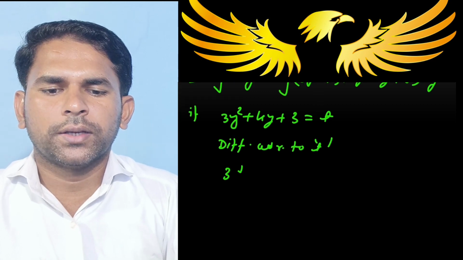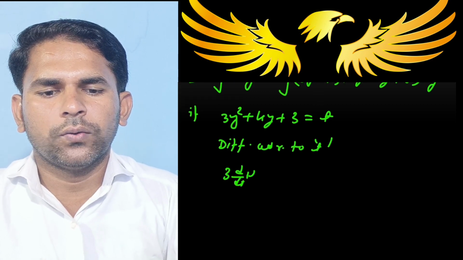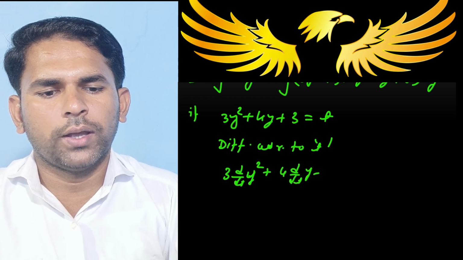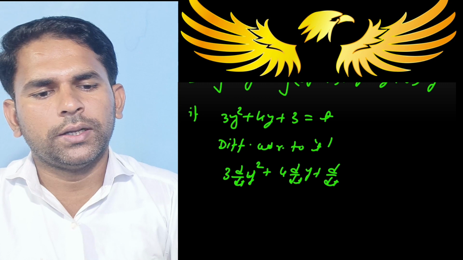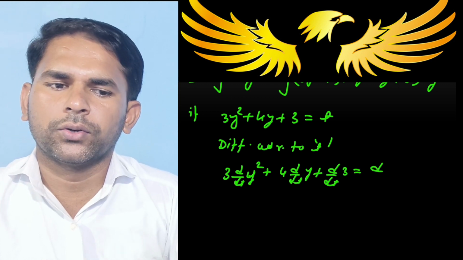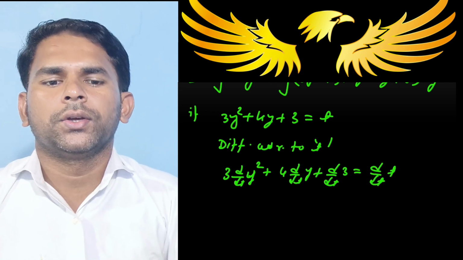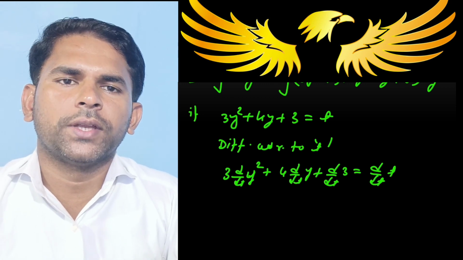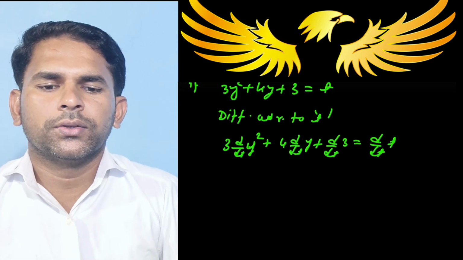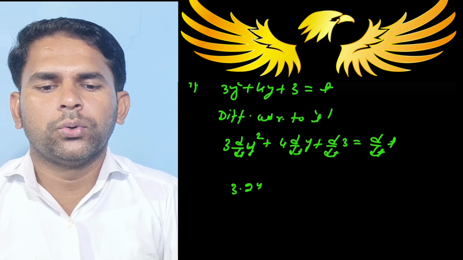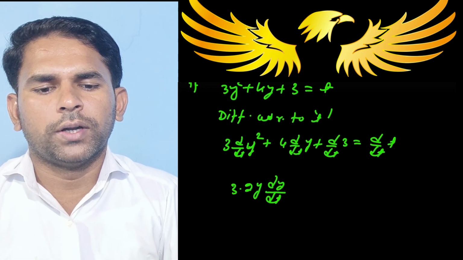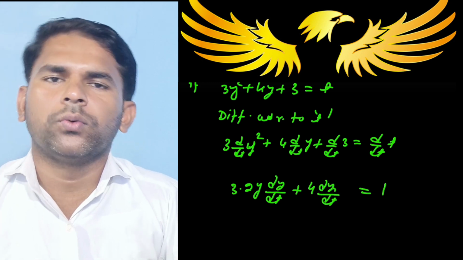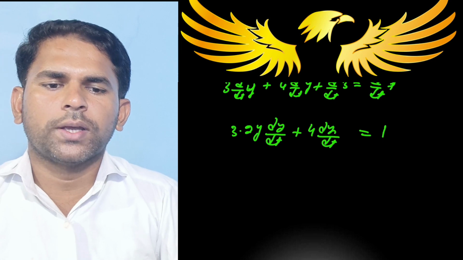So we can write 3 d over dt y square plus 4 d over dt y plus d over dt 3 is equal to d over dt t. So d over dt t is 1. Differentiation of 3 will be 0 because it is constant. So now we can write 3 into 2y dy over dt plus 4 dy over dt is equal to 1, so 6y plus 4.